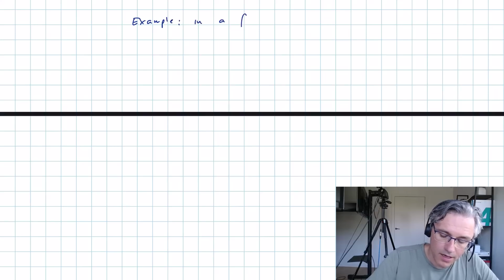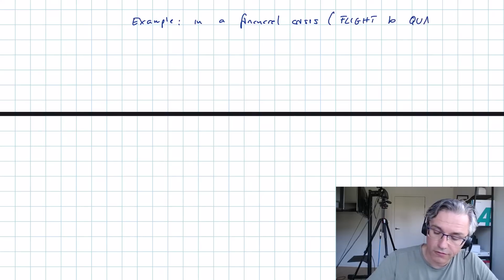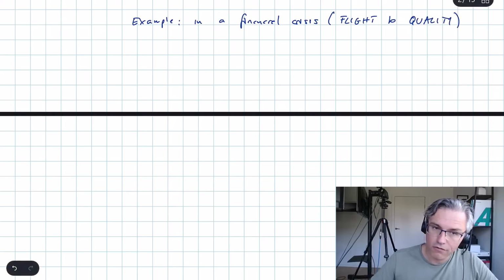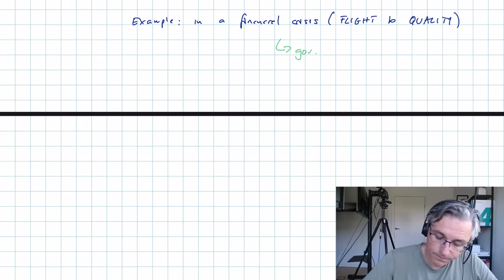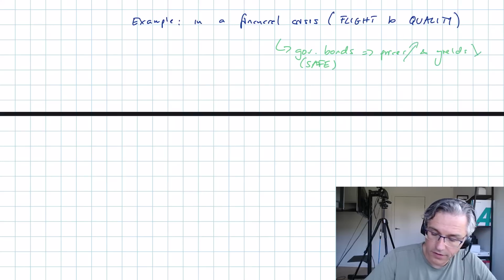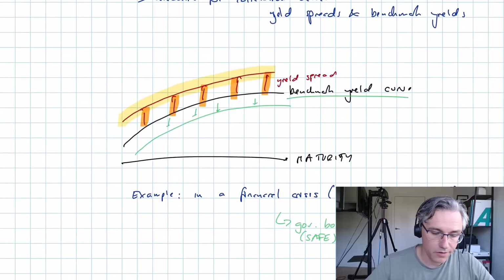In a big financial crisis, what we experience is this notion of flight to quality or flight to safety. Lots of investors dump riskier investments and go into government bonds. They're considered the safe thing, right? So their prices go up, and obviously their yields go down, which is what I drew here. The benchmark yield curve drops, not necessarily in a parallel way, but it drops.